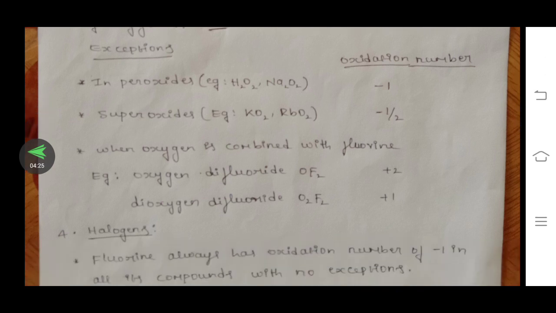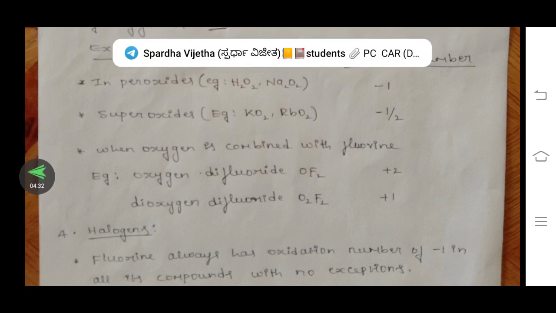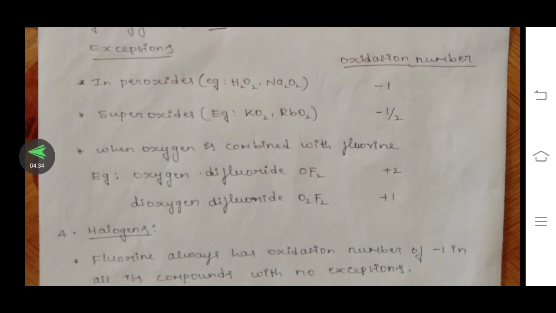So fluorine is always negative and oxygen becomes positive.